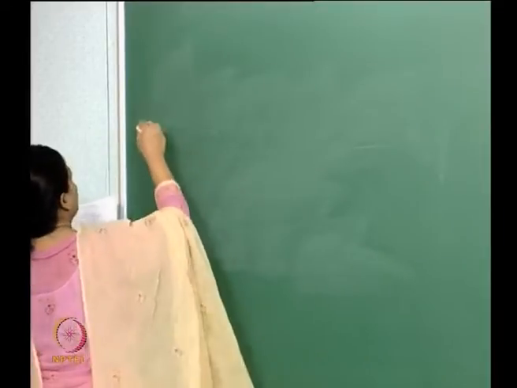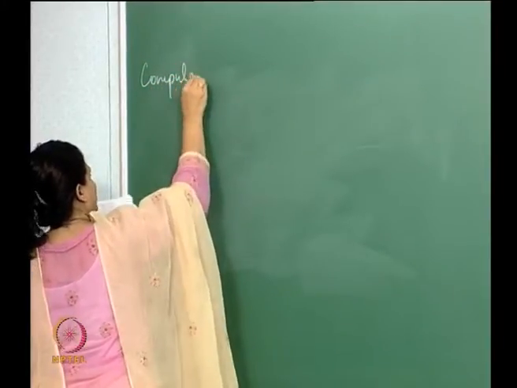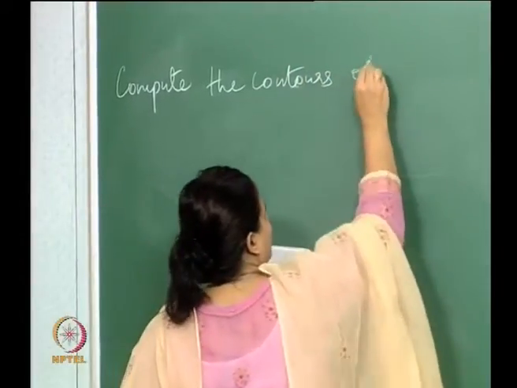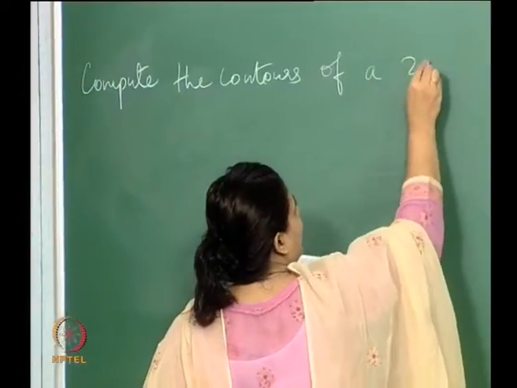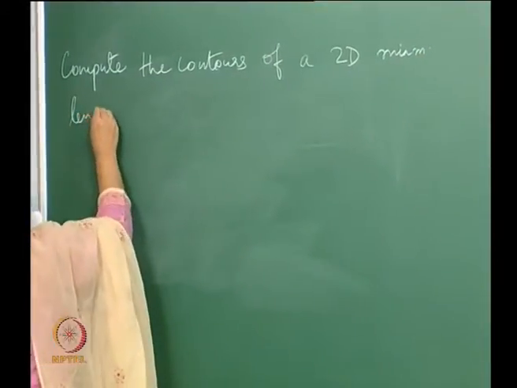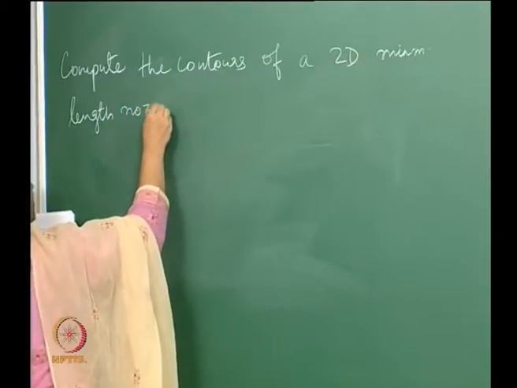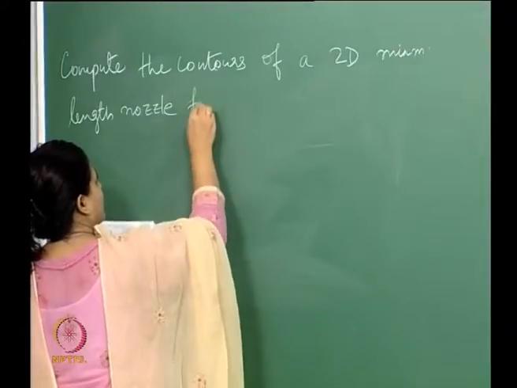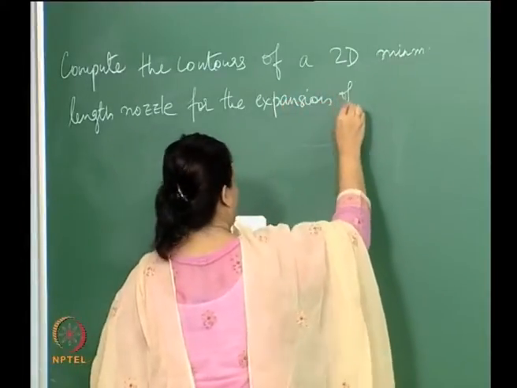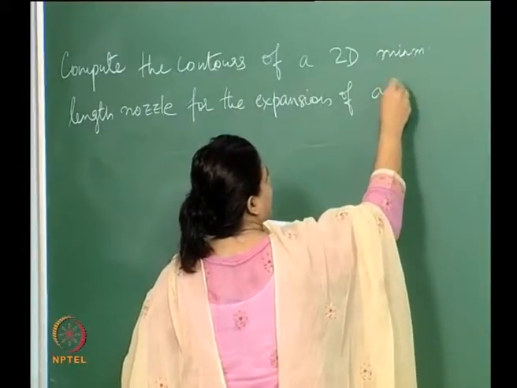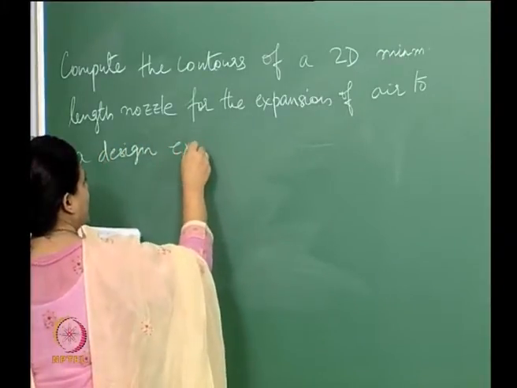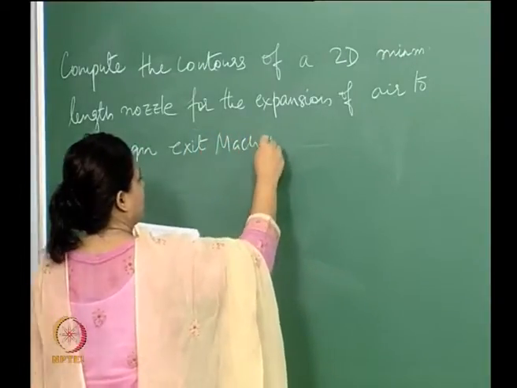So, this is the problem: compute the contours of a 2D minimum length nozzle for the expansion of air to a design exit Mach number.